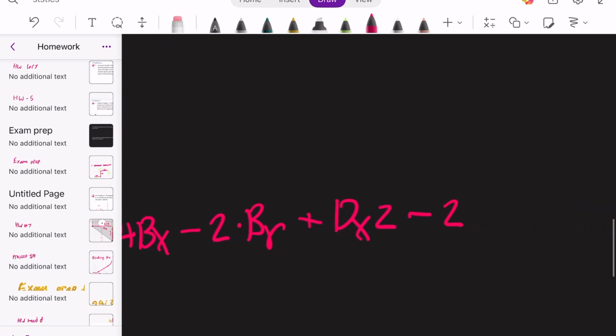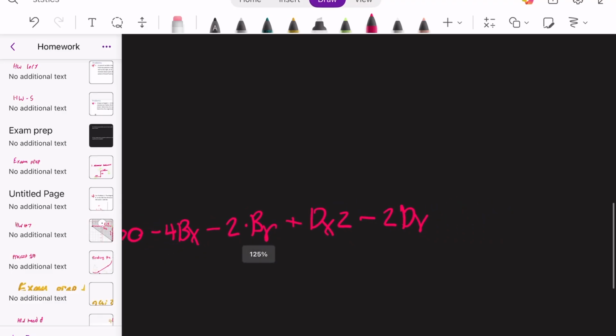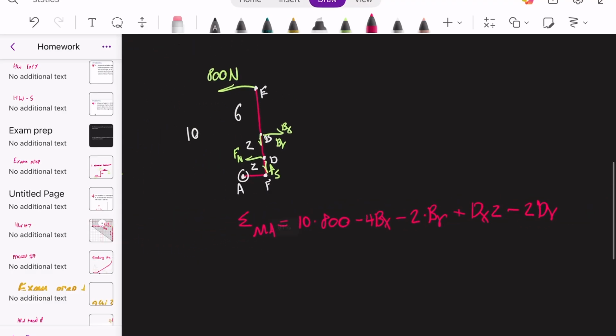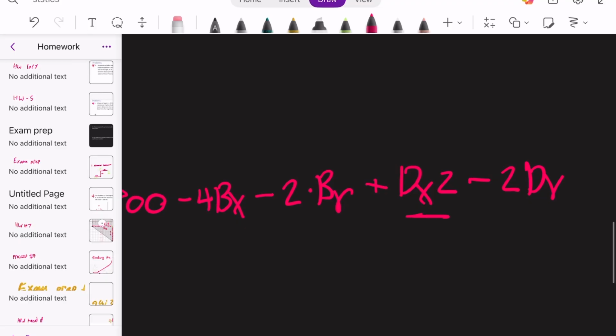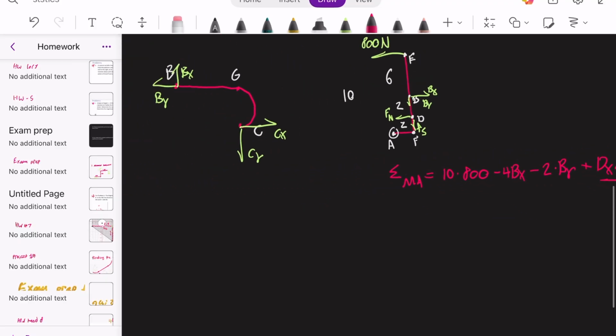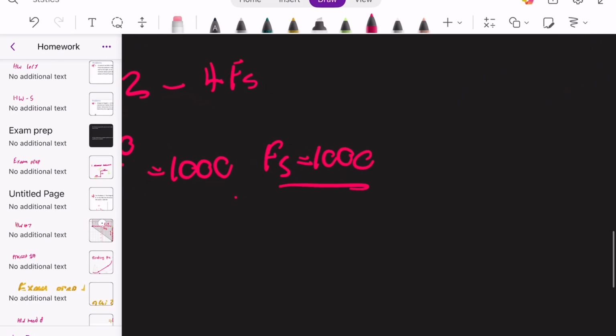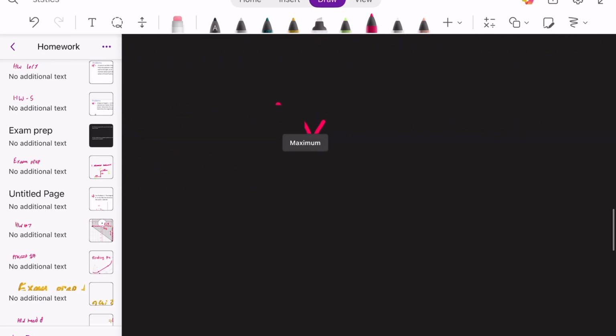And 2 times Dy. Okay, so we're looking for this right here, and we already know Dy because it's equal to Fs, which is 1,000. So 2 times 1,000, this is 2,000.